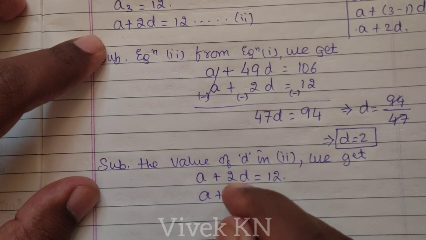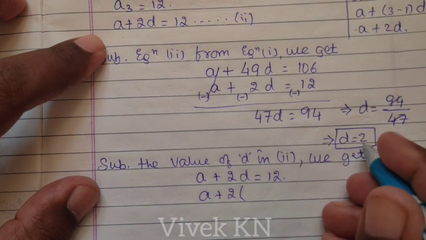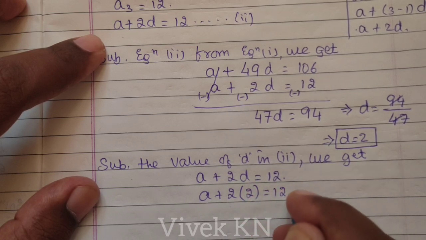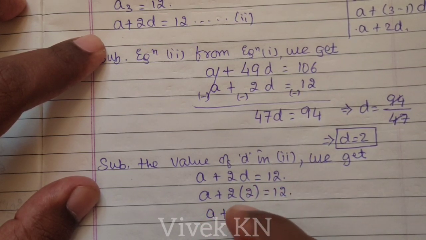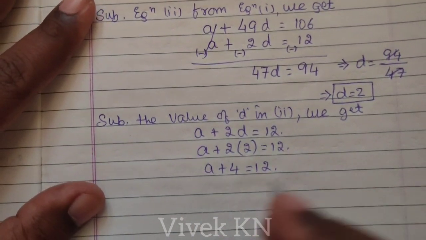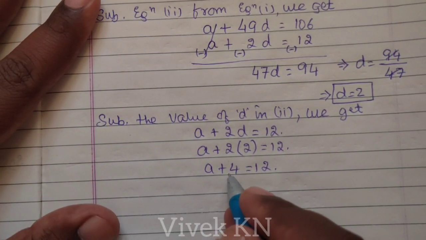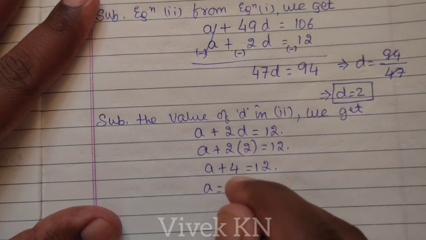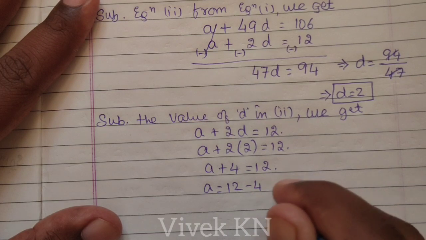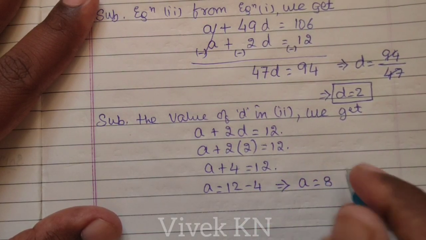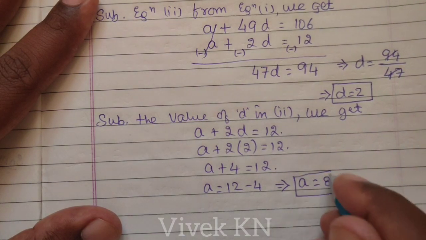A plus 2 into value of D, which is 2, is equal to 12. A plus 4 equals 12. Shifting this plus 4 to the right side, we get minus 4. That is A is equal to 12 minus 4, which is 8. The value of A is 8.